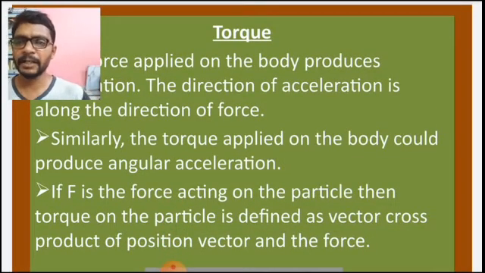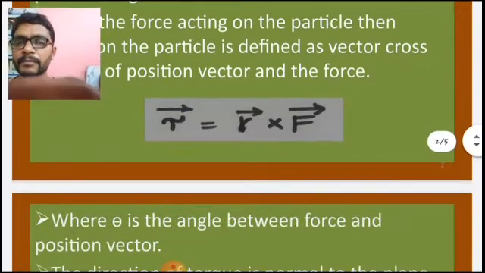If F is the force acting on the particle, then the torque on the particle is defined as the vector cross product of the position vector and the force.